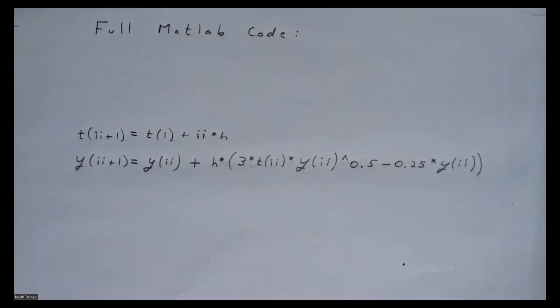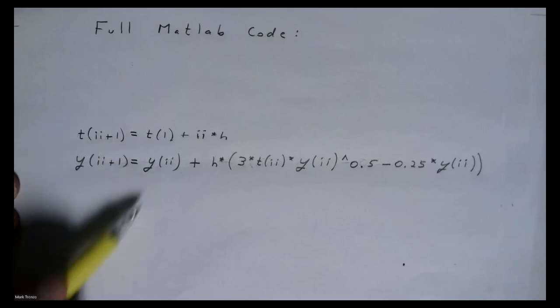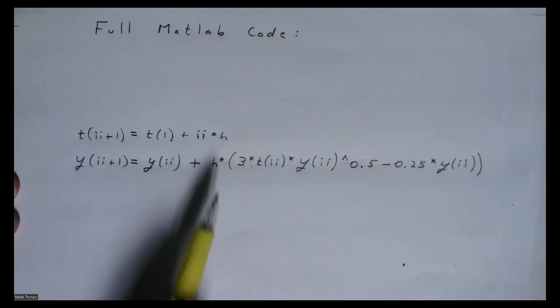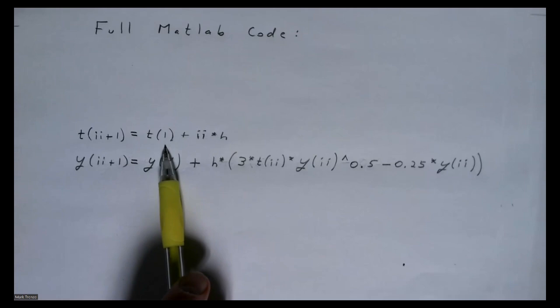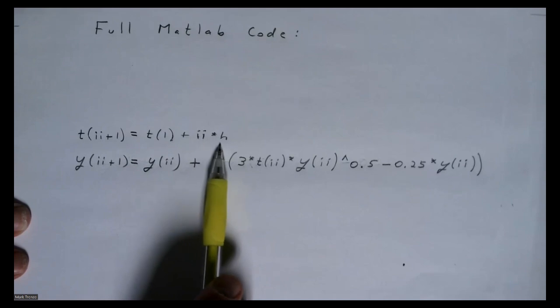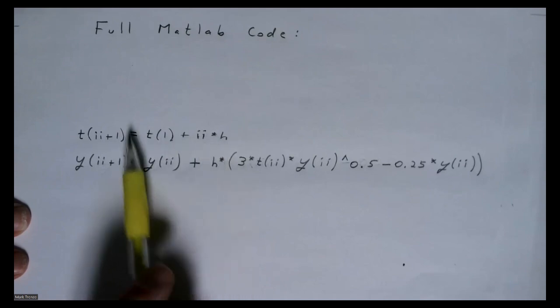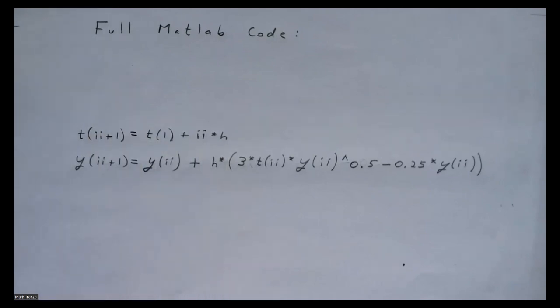So we're going to start with our initial value here. And then every time we go through the iteration, it's going to increase. So it's going to start with the first value, whatever that first time value is. I think we're going to start at time 0. And then it's going to increase by h every time it goes through this loop.